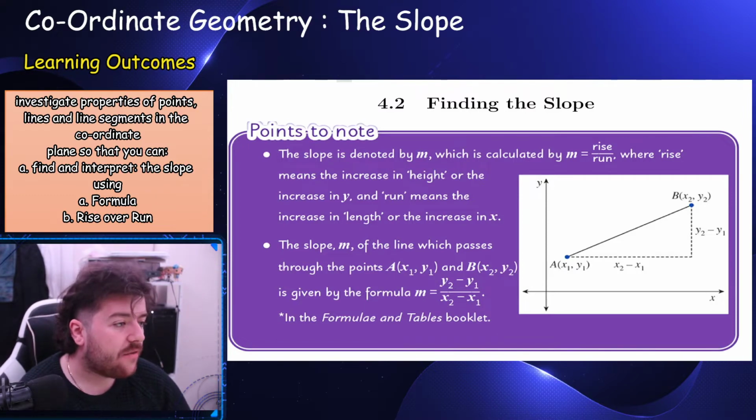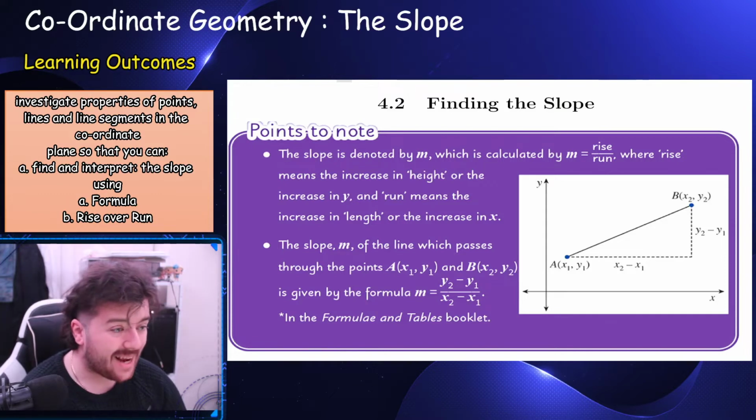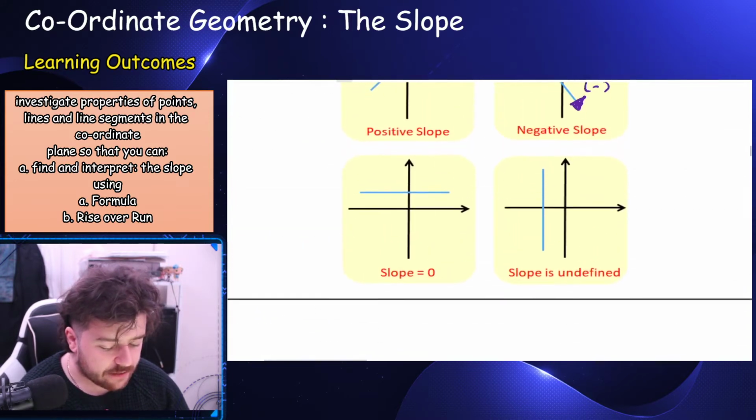So the slope M of the line which passes through two points can be given by the formula y2 minus y1 all over x2 minus x1.